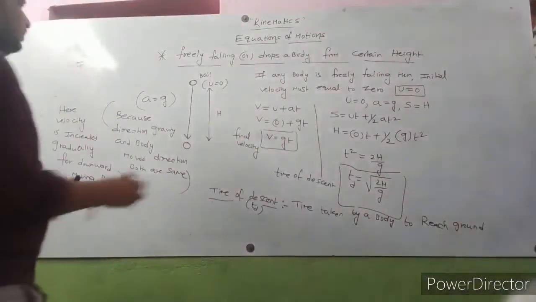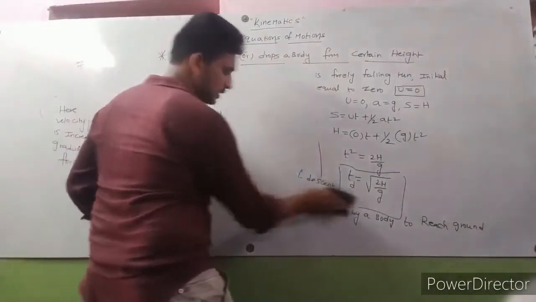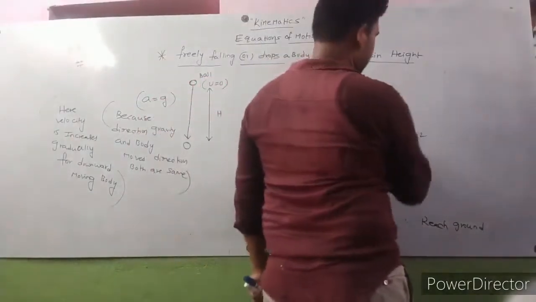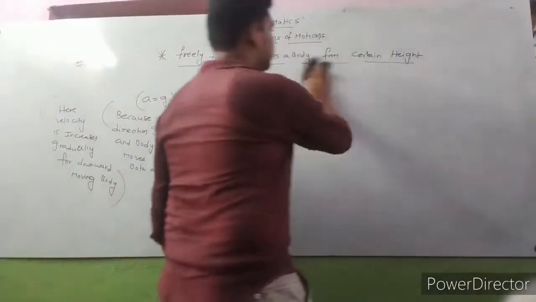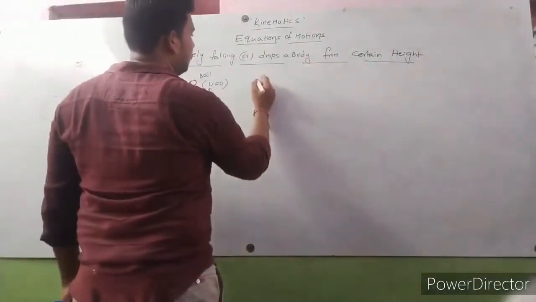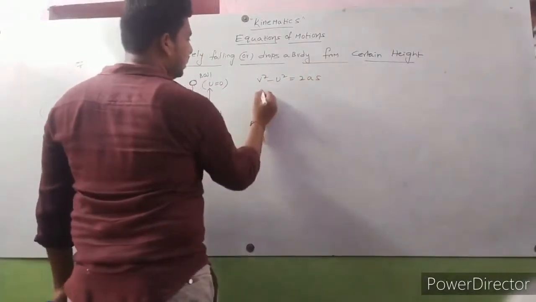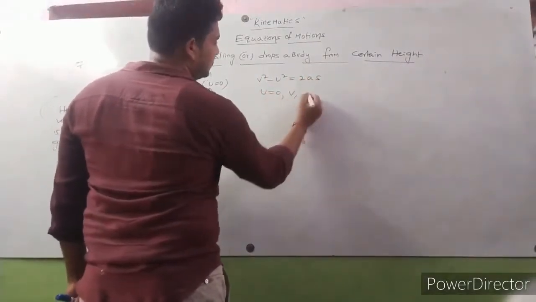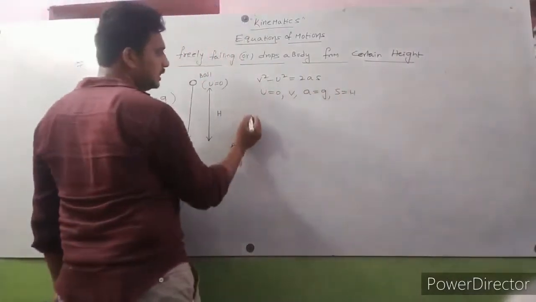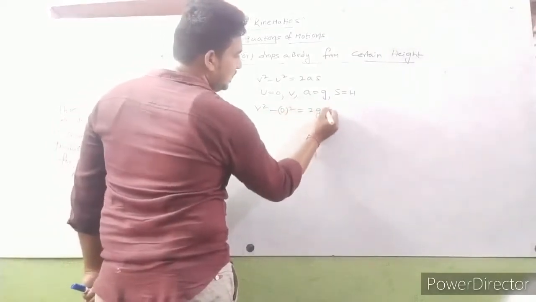Next, third formula. v square minus u square is equal to 2as. Here initial velocity is 0, final velocity v only, a is equal to g, s is equal to h. So I have to do v square minus 0 square is 2gh.